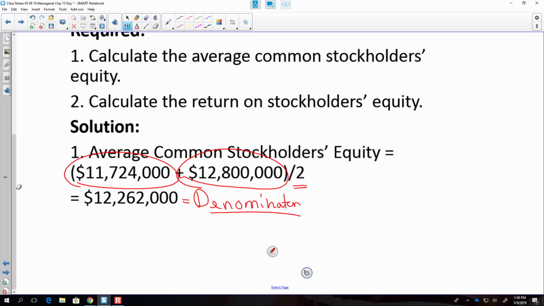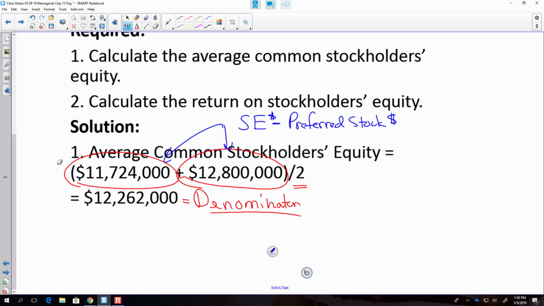But when getting these two numbers, the 11,724,000, we basically have to take our stockholders' equity in dollars and subtract our preferred stock. So if you look at these couple of pages, I'm going to turn to that right now. I don't think they're in the slides themselves, the data. They're not.